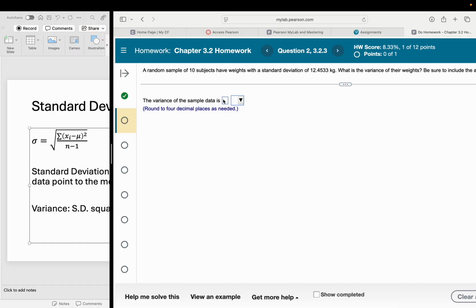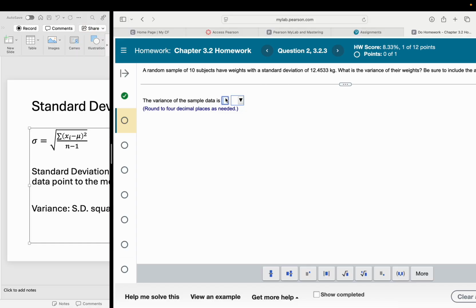So look, when they tell me that my standard deviation is 12.4533, guess what? I just square it, and I get 155.08468, which would round to 155.0847 once I'm rounding to 4 decimal places. And since I squared it, I'm no longer in kilograms, I'm in kilograms squared.